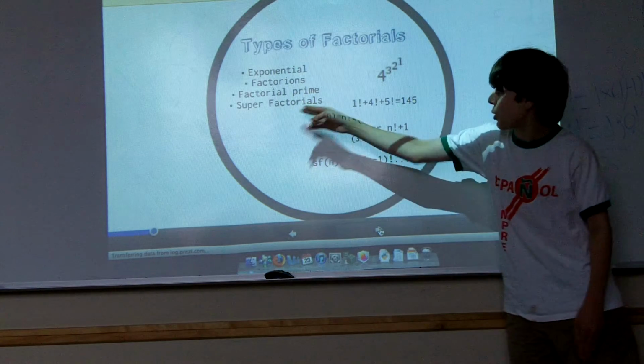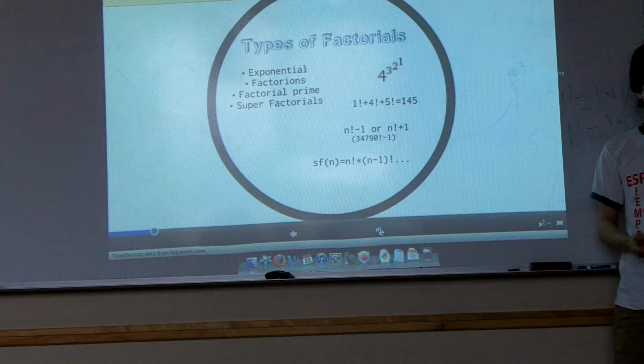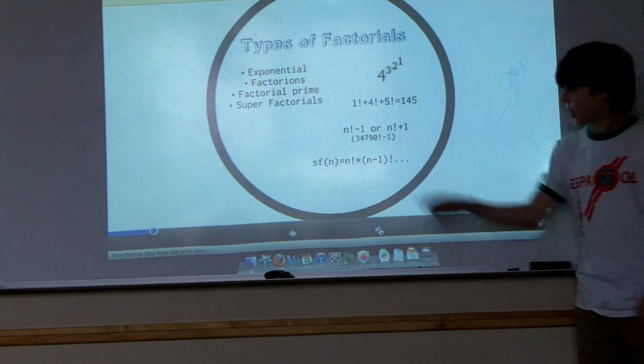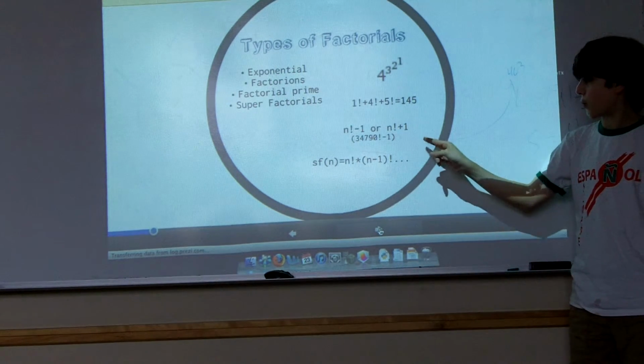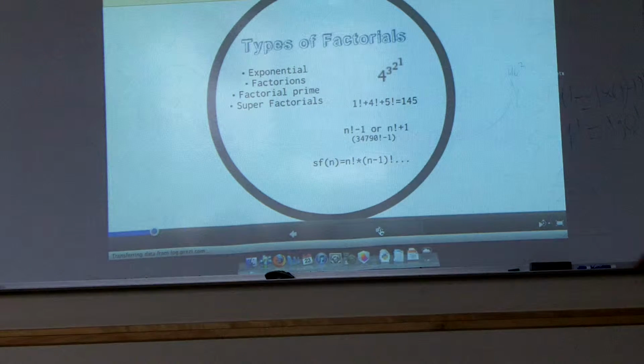And factorial primes, I'm guessing you all know what prime numbers are, seeing as you've been in advanced math. So basically n factorial minus 1 or n factorial plus 1 occasionally is a prime number. This is due to the fact that factorials are made out of prime numbers multiplied by each other.